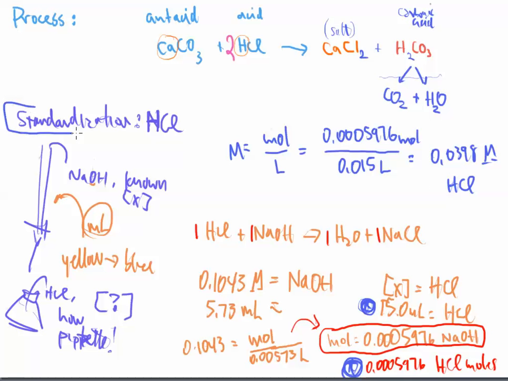And this is for the standardization step. So this is just the first half of the calculations. We still have the calculations to do for the antacid, but this is the first half of the standardization step. So in the next video, we'll talk about the calculations that you need to do when it concerns the antacid. And we're going to go back up here and focus on this equation once again.